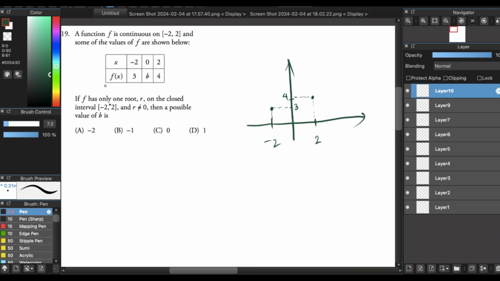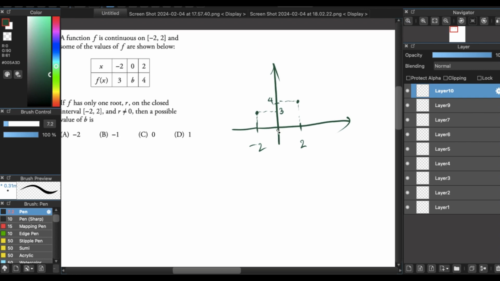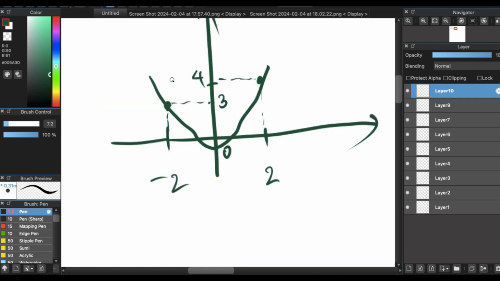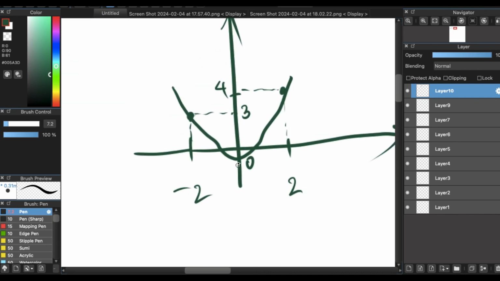If f has only one root, r, on the closed interval, and r is different from 0, then the possible value of b is... So I'm going to find the value of b when x is equal to 0, when x is here. You can see that if the function is going to be like this, it's got to pass this, and you're going to see that it will actually have two roots.